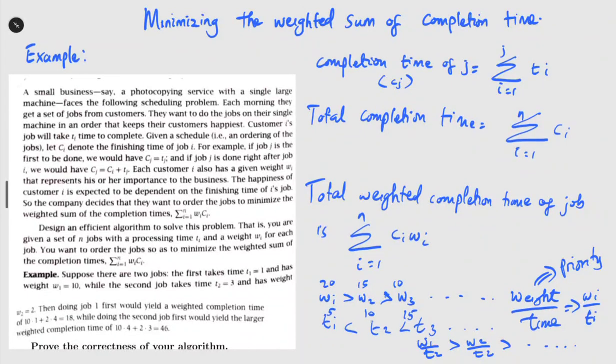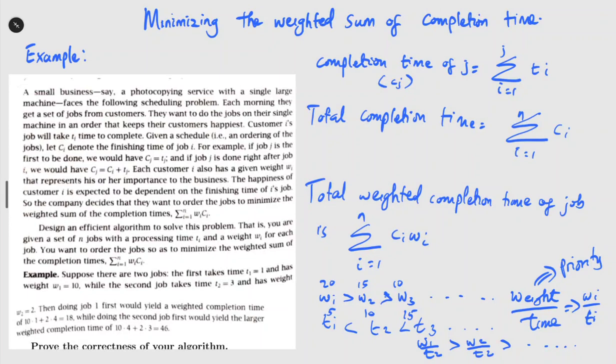W2 over T2, 15 divided by 10, that will be 1.5. You see that with this ratio for priority, the first is greater than the second, which is greater than the third, and that way until the end.